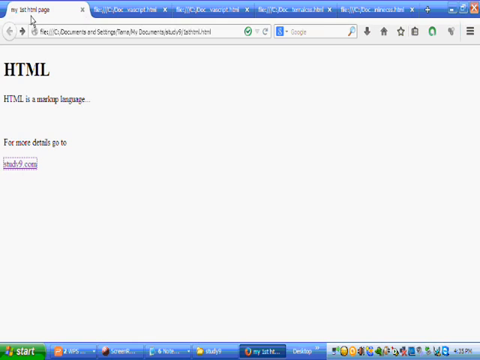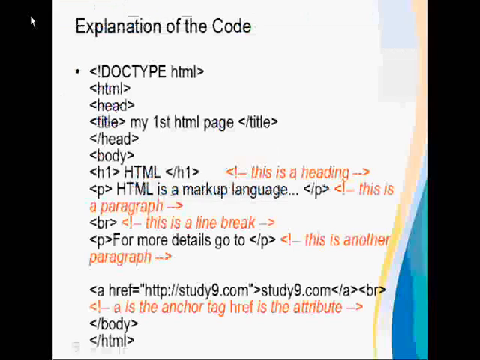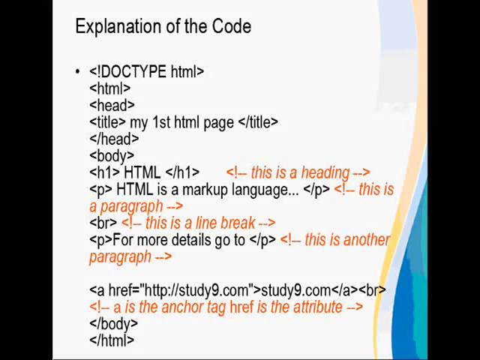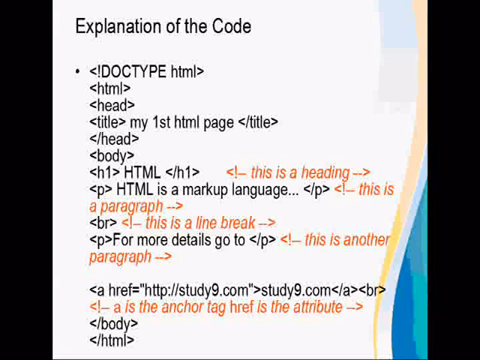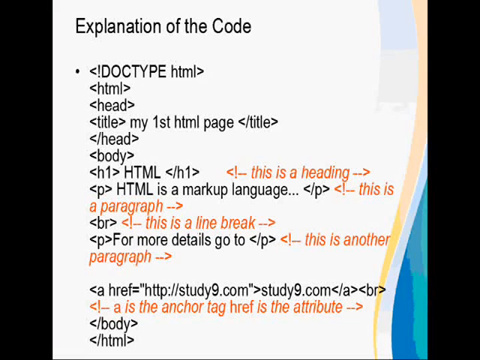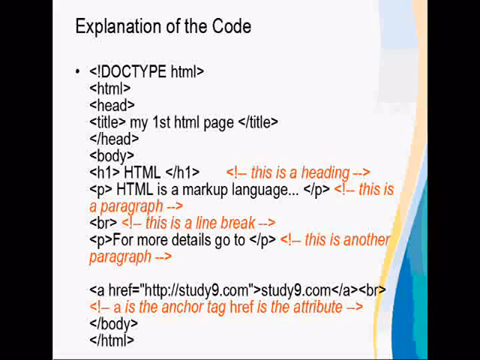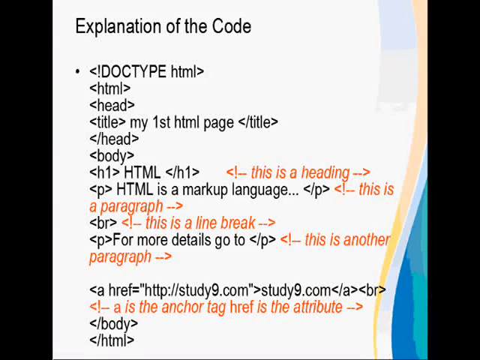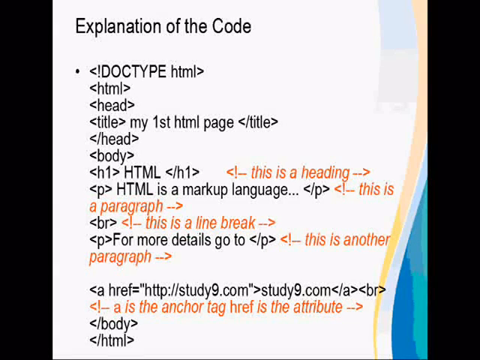The body section begins with body and ends with /body. The body tag has several attributes like background design, background color, text colors, but we shall discuss the body attributes in our later chapters. Now come inside the body tag. First line is the heading. Headings can be created with tags like H1, H2, H3 up to H6.